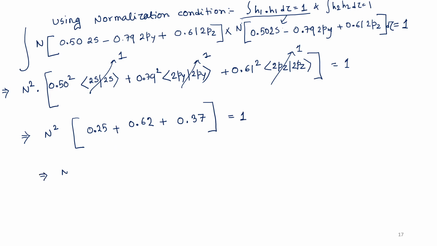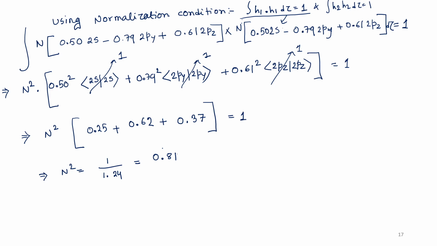So your n square is going to be 1 by 1.24, let me see, 0.25 plus 0.62 plus 0.37 going to 1.24, and divided by that is 0.81, actually 0.806. I can write, as I was writing at 2 decimals, I'll write like this.